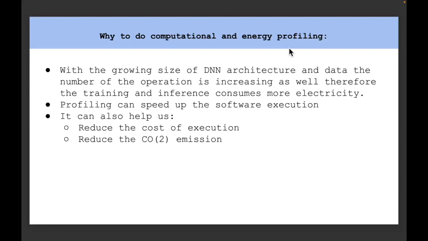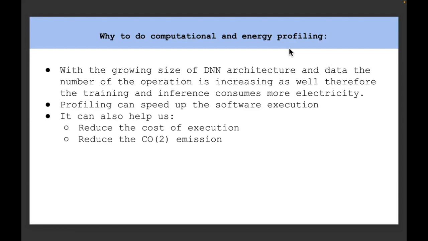As you know, the data in the world is growing, and in the same way the size of the DNN architectures published every year is also growing, and the number of operations for training and inference is increasing. Therefore, the training procedures become more costly, and consume more electricity and power, and emit more CO2.